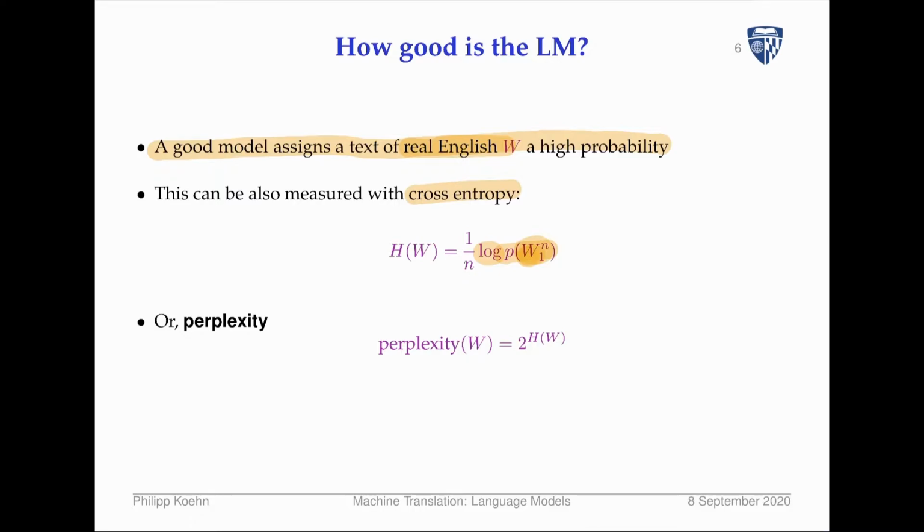If you remember the definition of entropy, it had something to do with the p, the probability times the log of the probability. Well, we actually don't have to go over the probability of each word in each prediction, because we have n number of predictions. And so we are just going to multiply by 1 divided by n. So this is roughly an entropy formula, which we feed with real English.